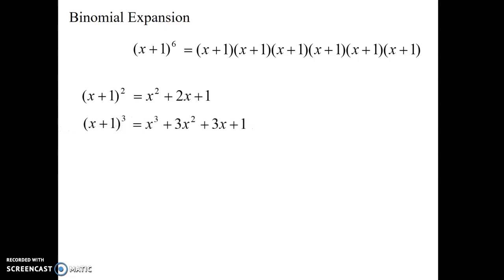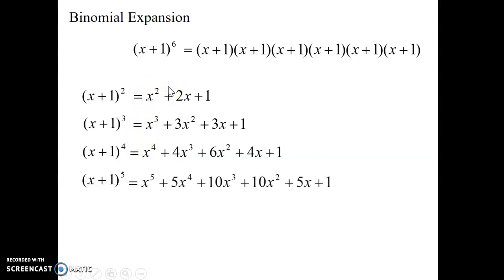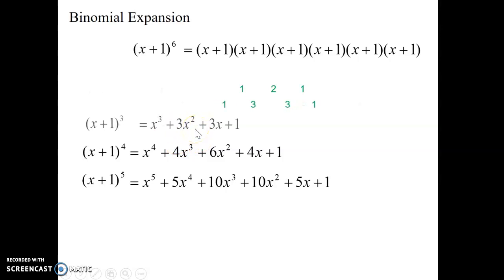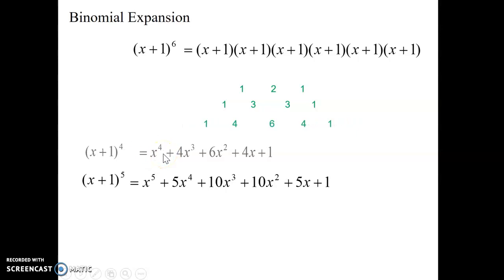Okay, so I'm not gonna have you sit there and work this all out, but if you look at these coefficients, right? 1x squared and then 2 and 1, 1, 3, 3, 1. Okay, 1, 4, 6, 4, 1.